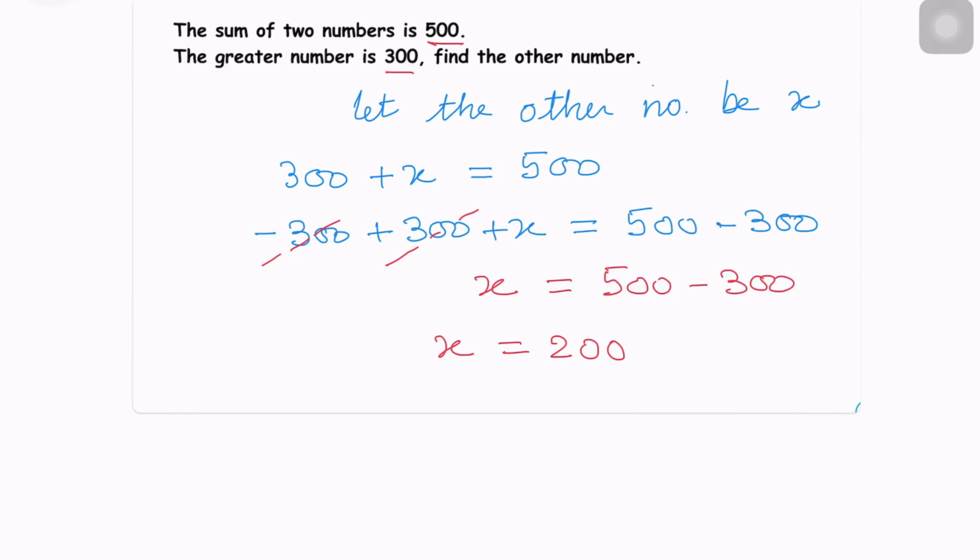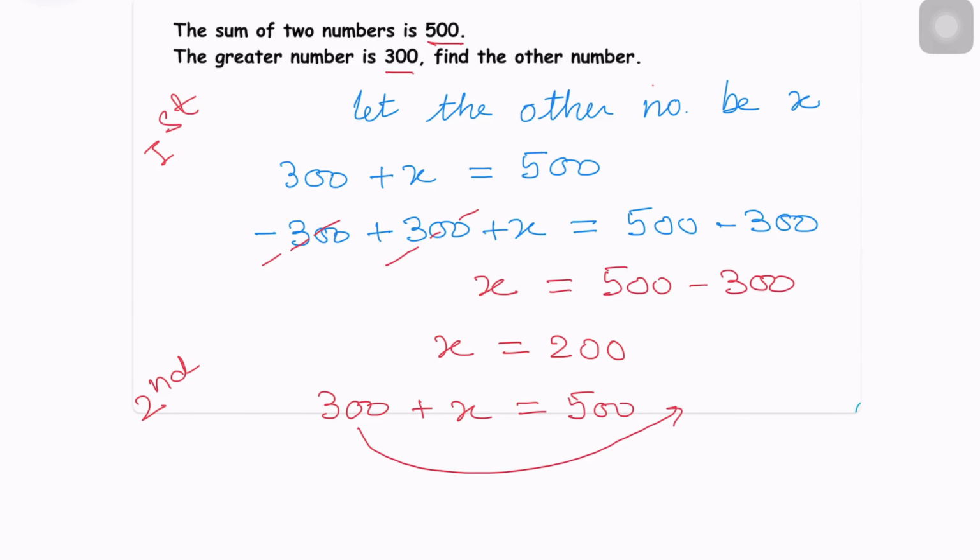Now the other second method, let's try with the second method. So this is the equation, second method. This was first. So 300 plus x is equal to 500. I will take this 300 this side. So what will happen? The sign will change.